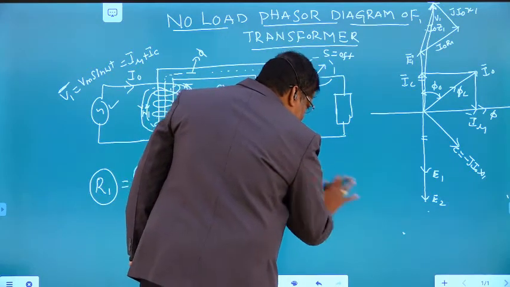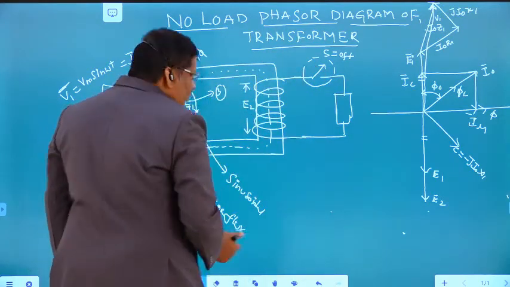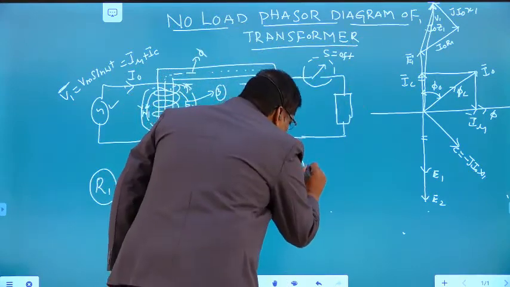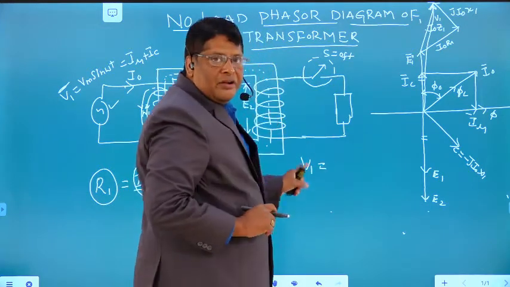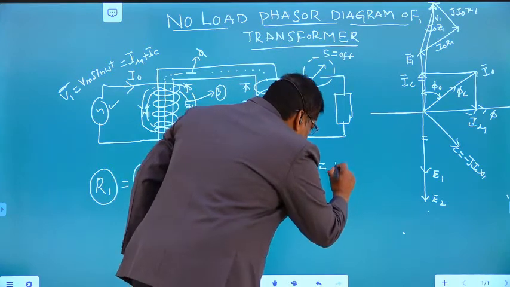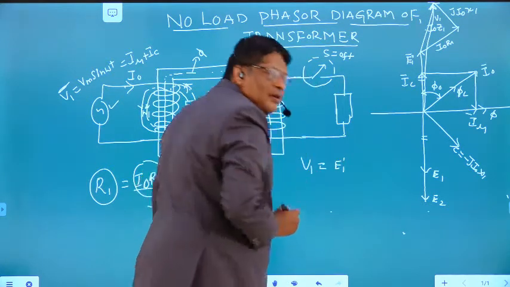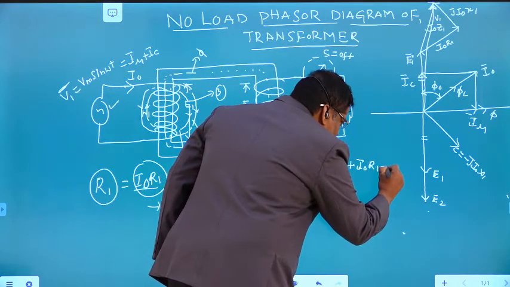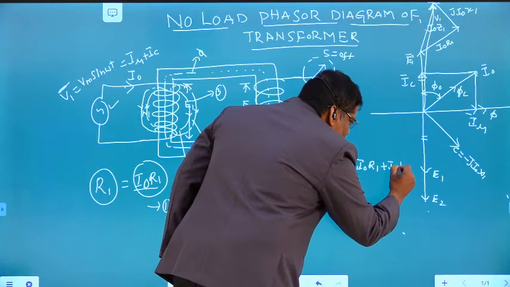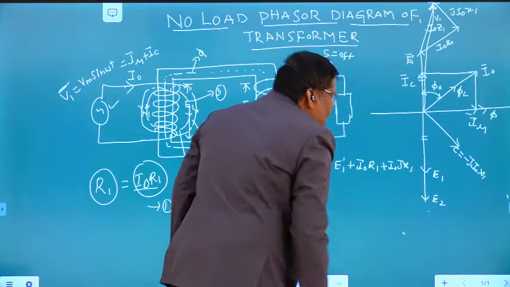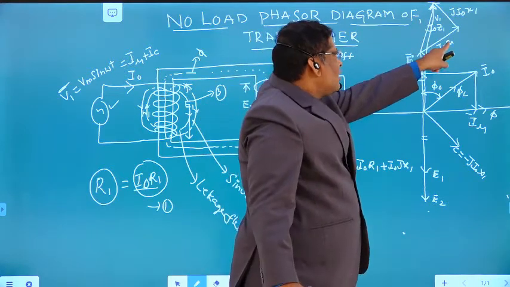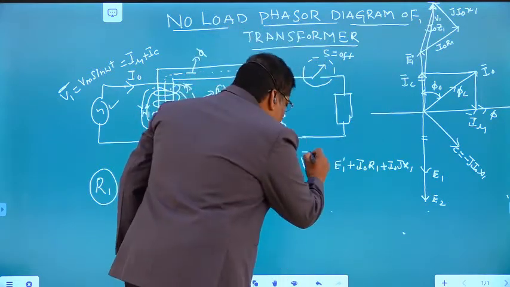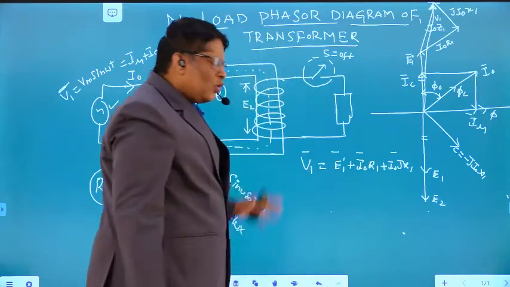V1 equal to E1 dash plus I naught R1 plus I naught j X1. Nothing but E1 plus this one is equal to the V1. All these are the phasors only.